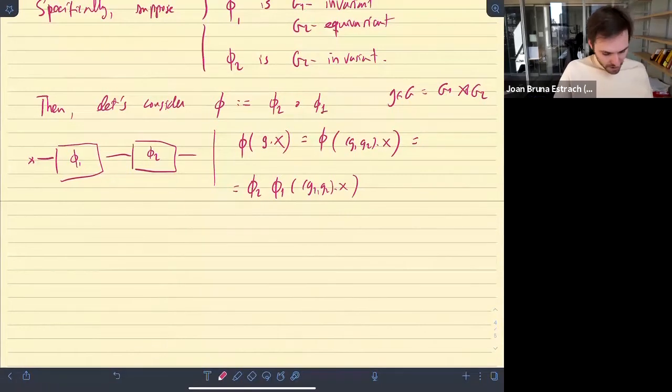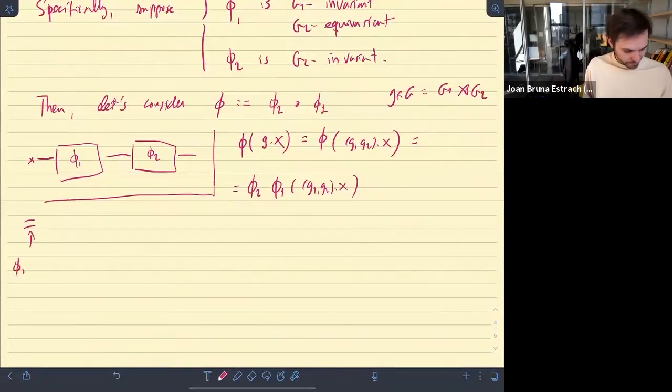Now we apply the first property, because phi1 is G1 invariant.